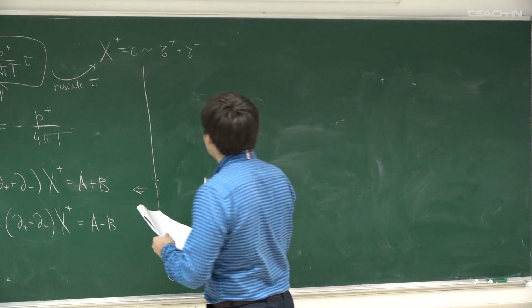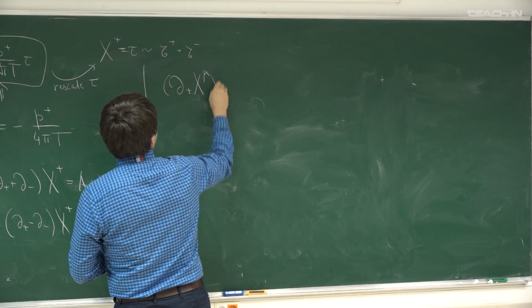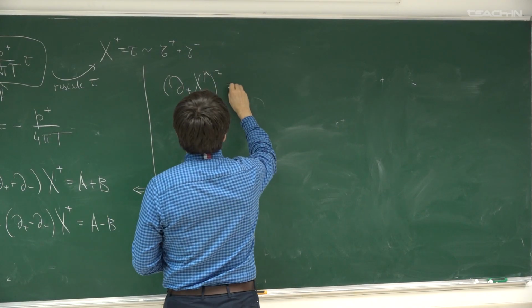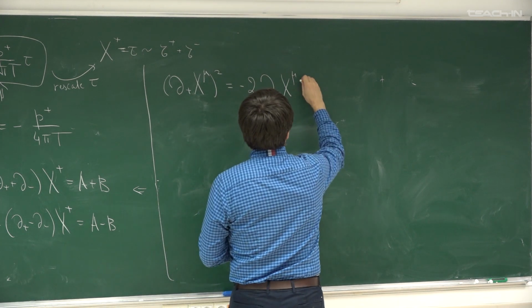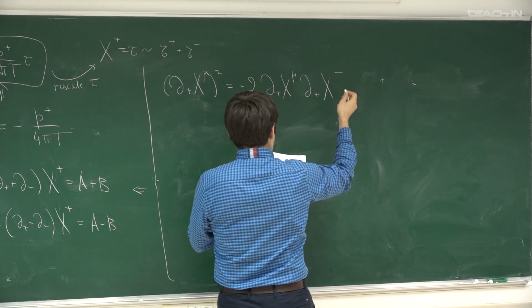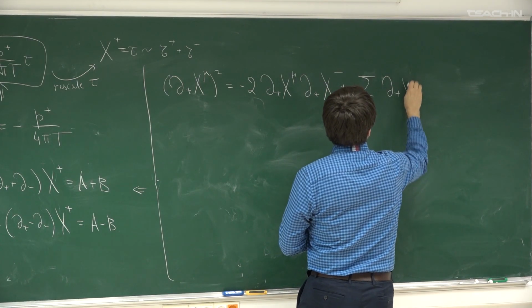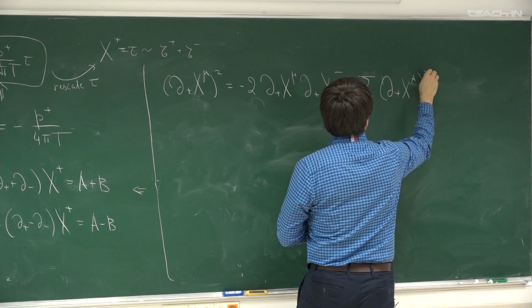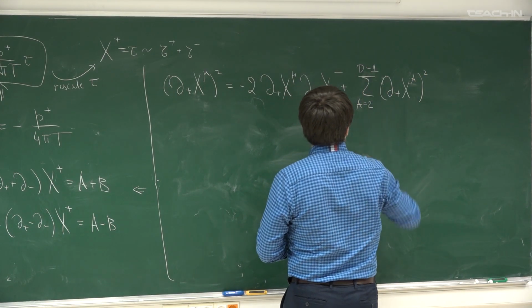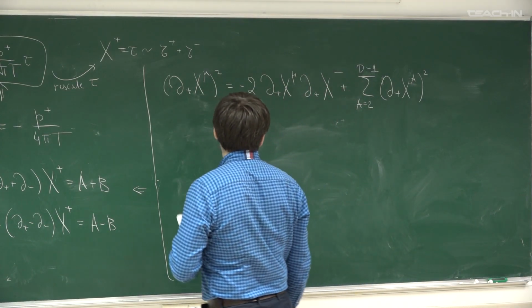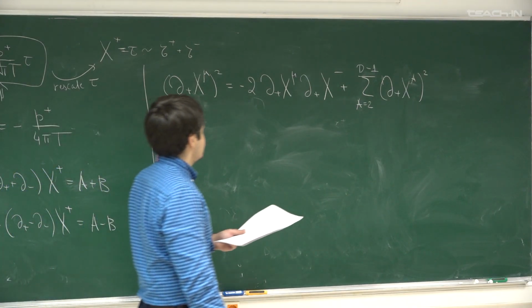So Virasoro constraints, of course, we'll simplify, and so this is 0.